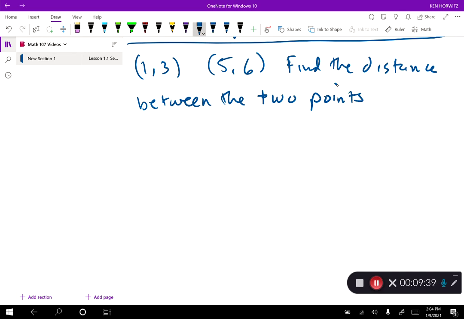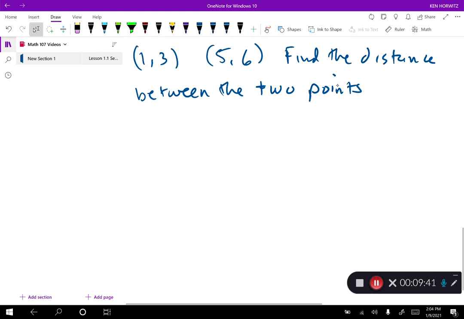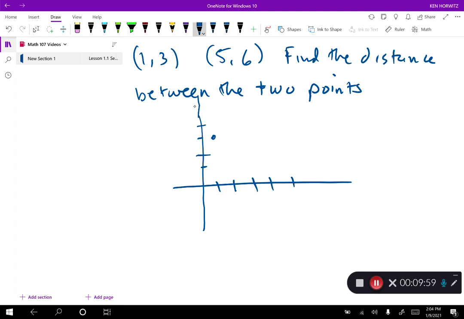The first thing I would do, and it's not required, but when you're just beginning, I think it's really nice to draw a picture. So I'm going to plot the points real quick.